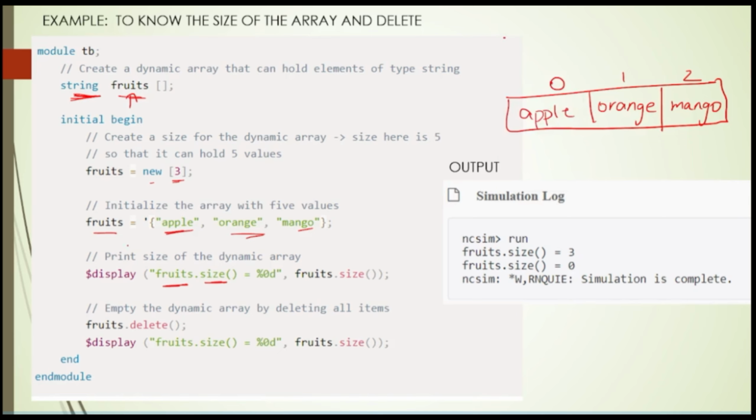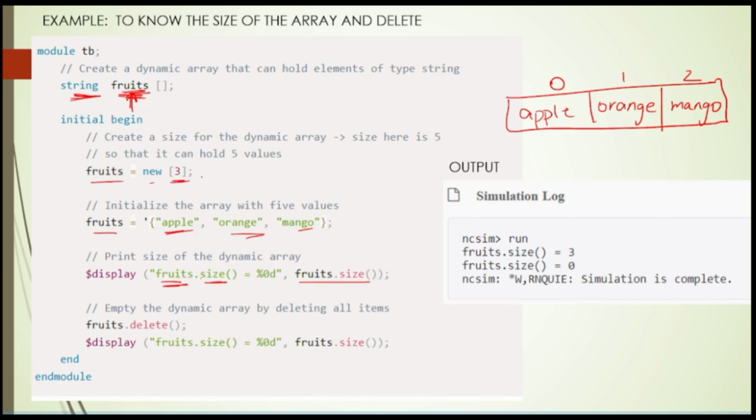So if you see here, fruits dot, that means I want to know the size of this fruits variable. Fruits dot size. Size is already a predefined method in SystemVerilog. So as soon as you call fruits dot size, it will tell what is the size of my fruits variable.